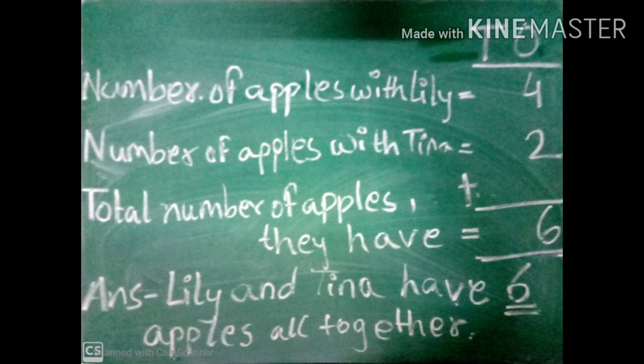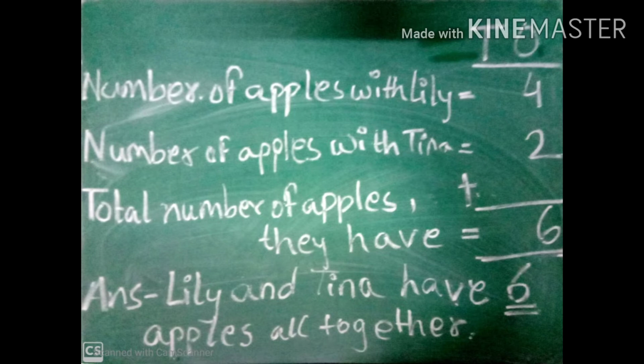Now the third statement. The third statement is total number of apples they have equals to, and then we have drawn this line. Now let's add how many apples Lily and Tina have all together.